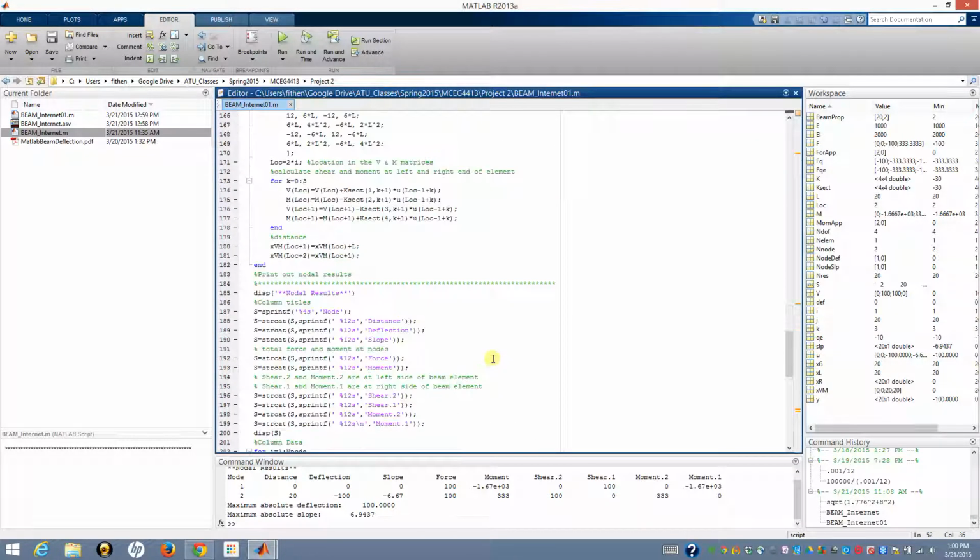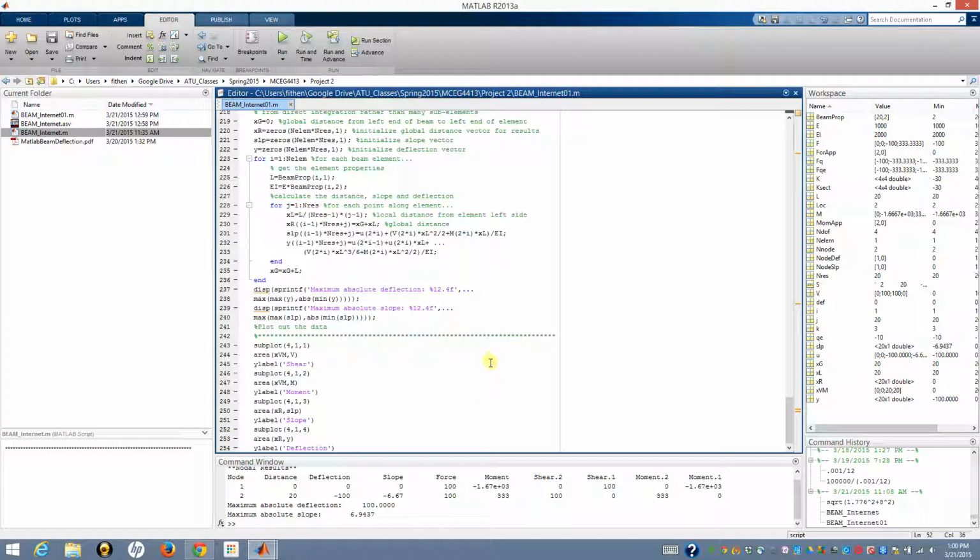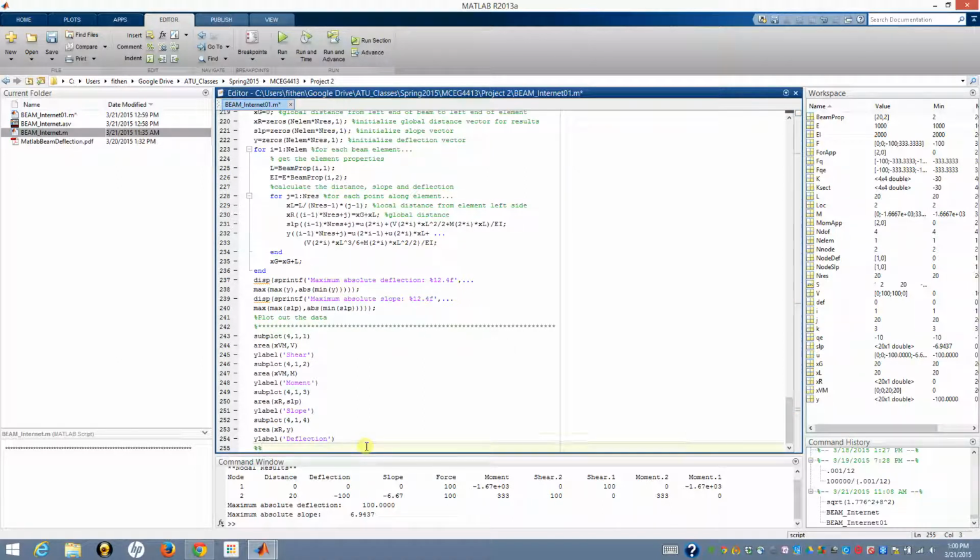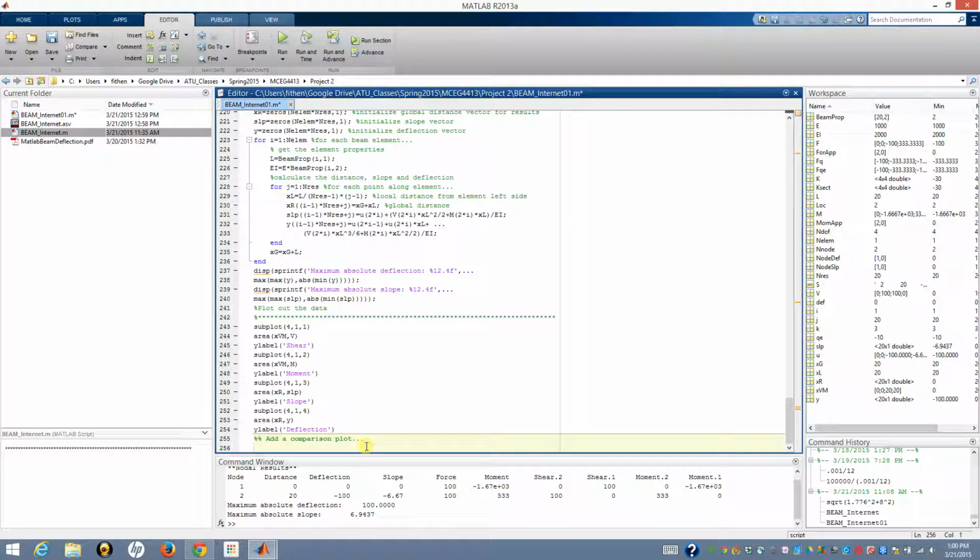Now, before we get all the way done here, we have these set up as subplots. What I'm going to do is add my own. Add a compare plot. And what I'm going to do is disconnect it from the previous.